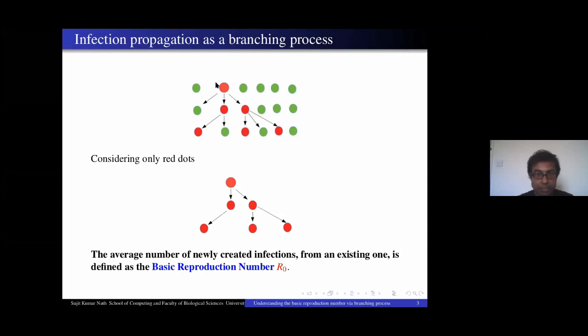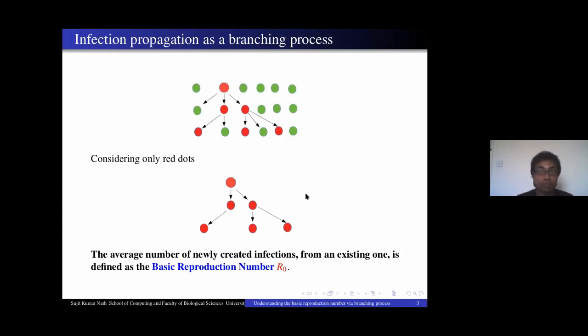If I filter out these red dots from the whole population, this gives rise to another kind of branching process, and you can easily understand that it must be random, because the interaction and transmission of infection is a totally random process. So this is a random branching process.